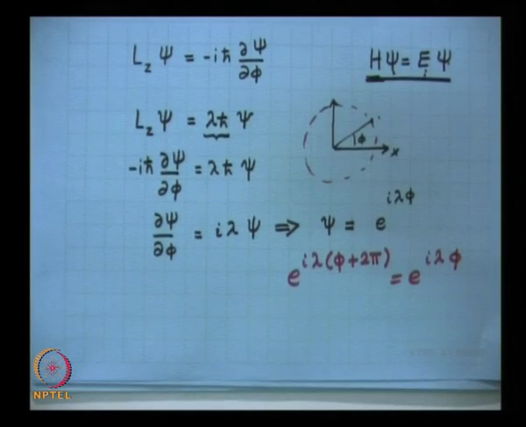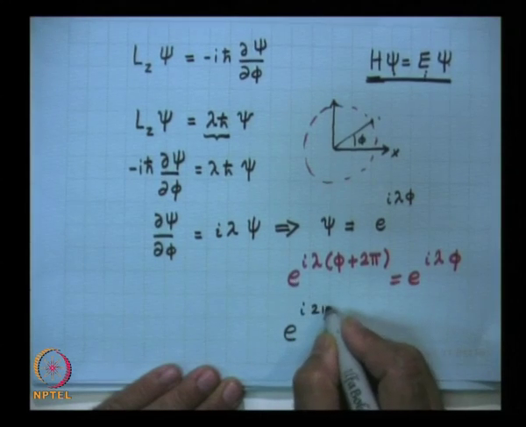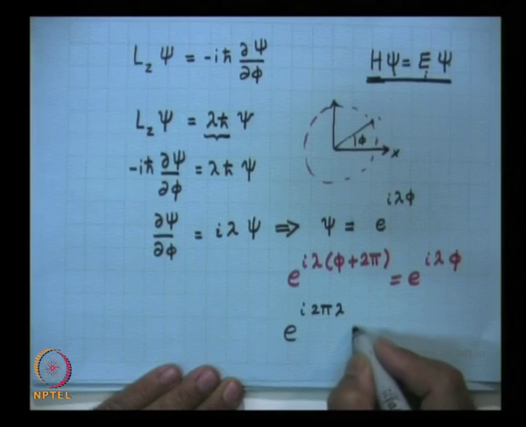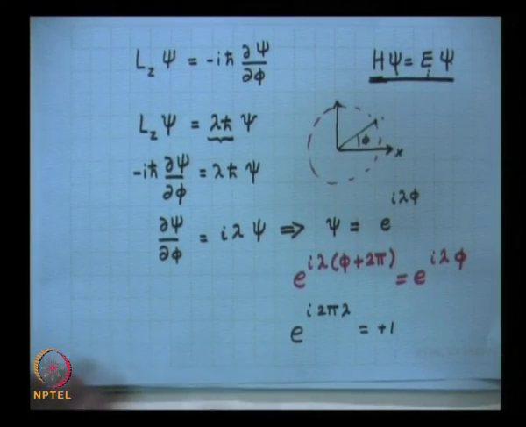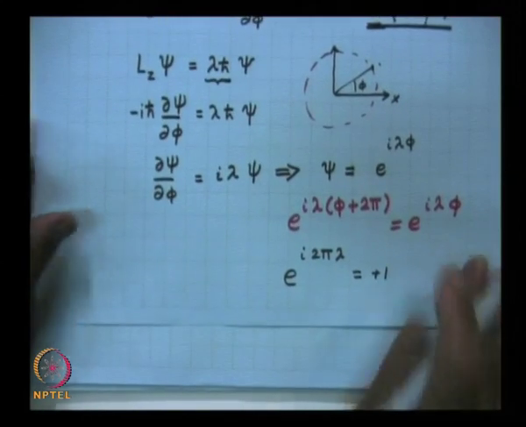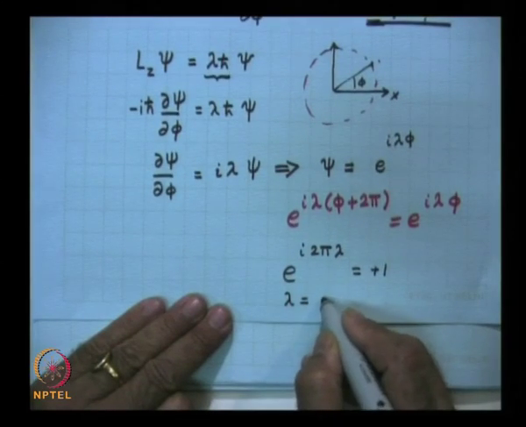Therefore, we obtain the result that e to the power of i 2 pi lambda should be equal to plus 1, and therefore, from this we immediately obtain that lambda has to be equal to a positive or negative integer.